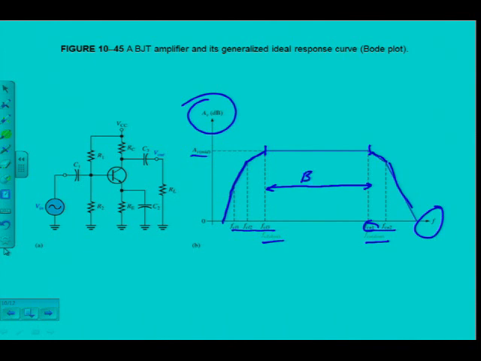That is the bandwidth. And if I have these values known, then it is of course the dominant upper critical frequency, and I subtract the dominant lower critical frequency from it. That is as shown in the formula at the bottom of page 528. Equation 10-27 to determine the bandwidth.